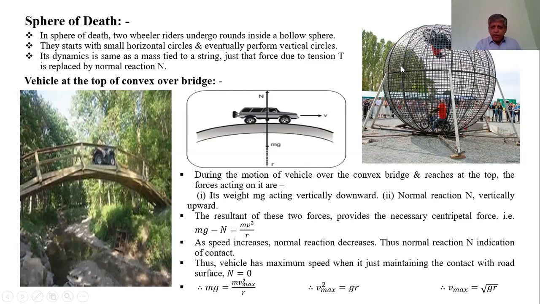When the rider comes to the top point, even there the rider cannot fall down. Why? Due to the centrifugal force. Centripetal force acts toward the center, and at the same time centrifugal force is experienced. When both are the same, the rider cannot come loose. This motion is just like the mass tied to a string.